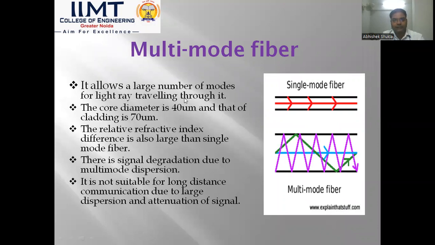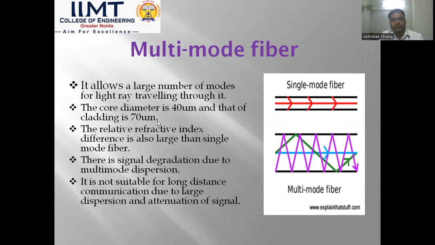It allows a large number of modes for light rays traveling through it. The core diameter is about 40 micrometer, and that of cladding is 70 micrometer.